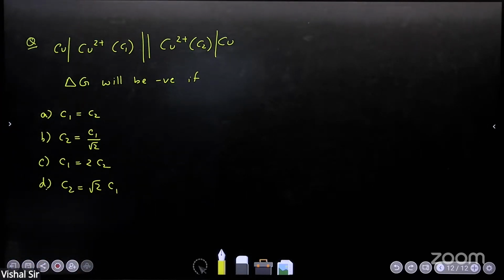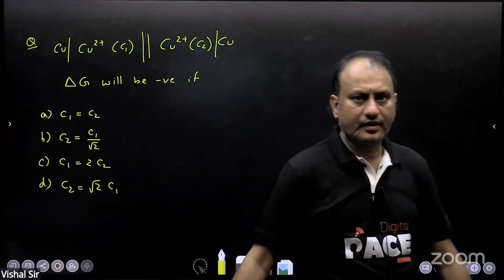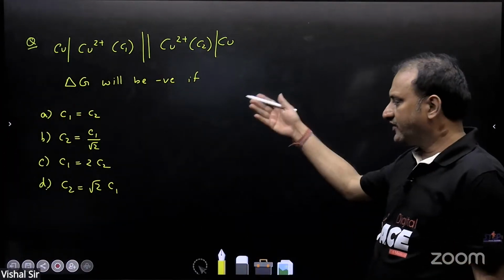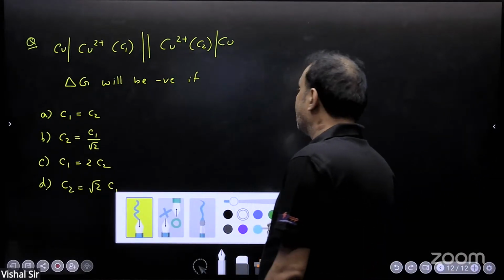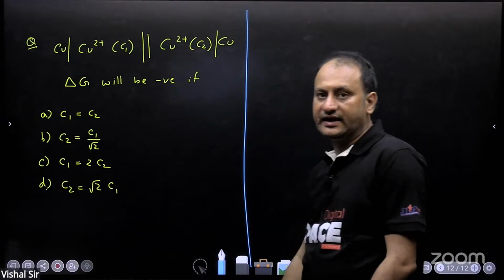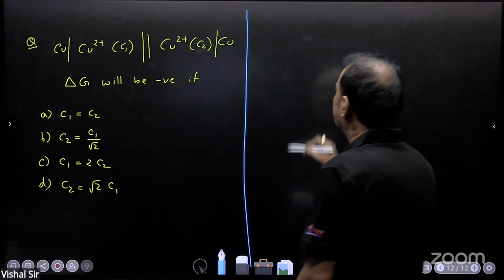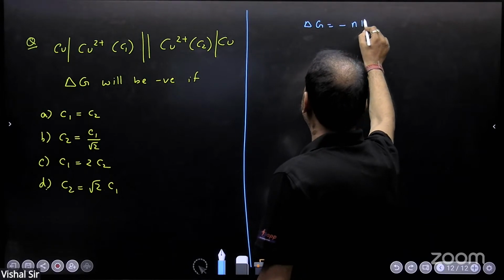So we can see this problem is the application of Nernst equation. We have to find some relations in EMFs. And we are asked, when will delta G be negative? Now, delta G we know is minus nFE.